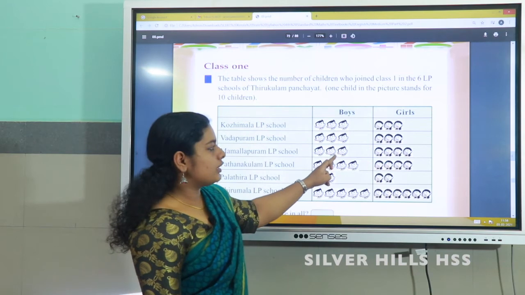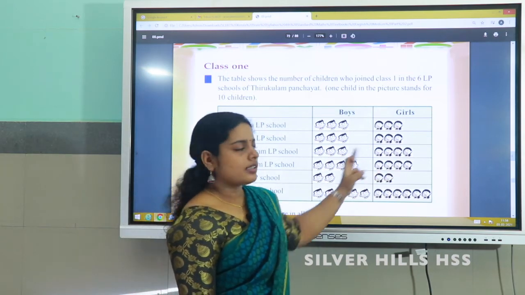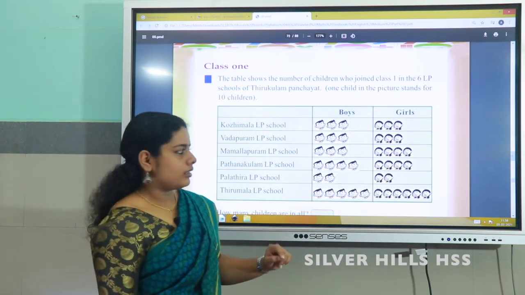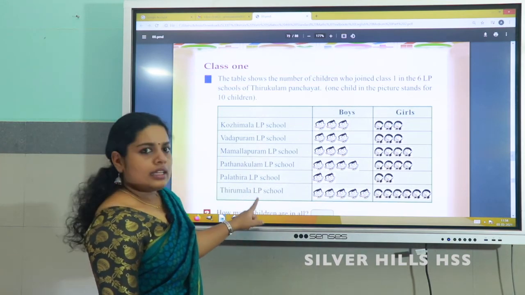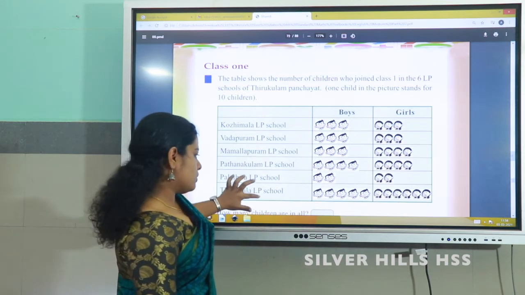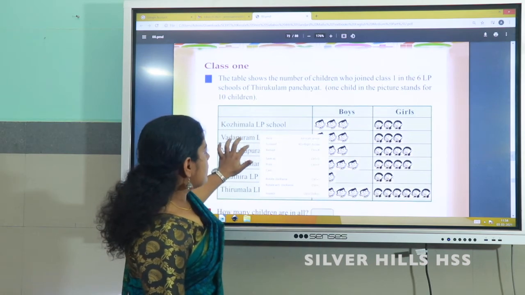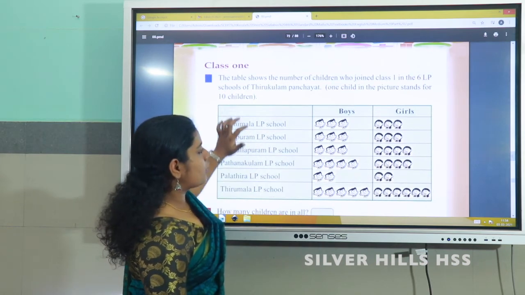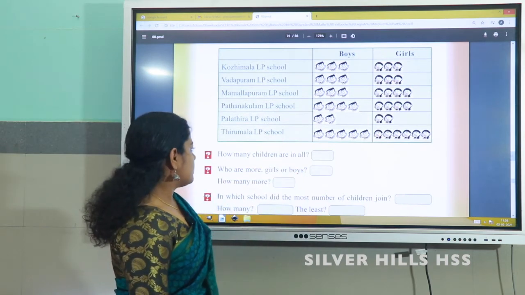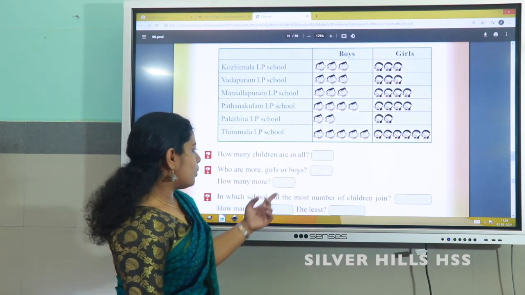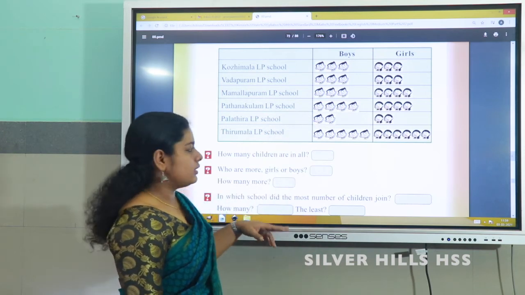Mamallapuram school also has 30 boys, but 40 girls, because 4 pictures are there. Similarly, we can find the number of girls and boys in the remaining schools also. So how many children are in all means you have to find the total number of boys and girls. Who are more, girls or boys? That also you can find from the table.